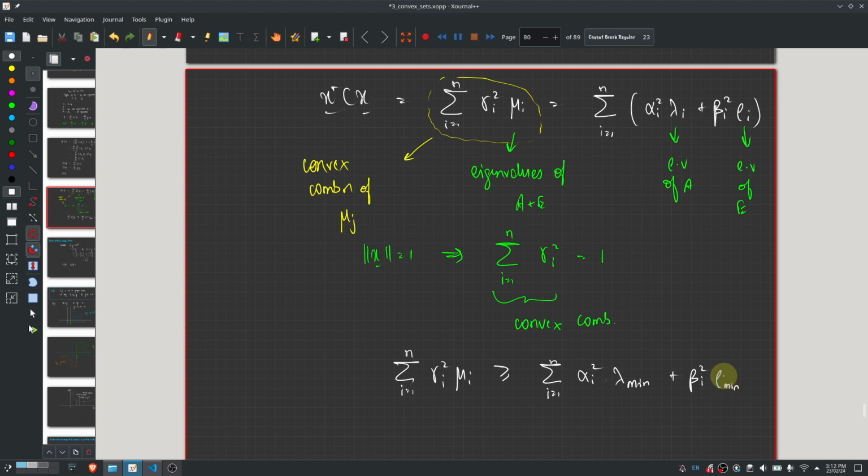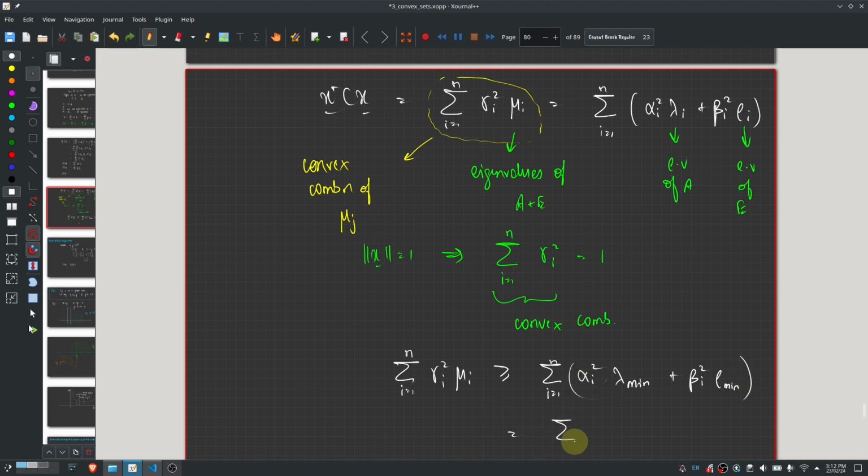Do you agree with that? Because each lambda i is greater than or equal to lambda min, and each rho i is greater than or equal to rho min. That's it. Because this is exact, right? So I just use that particular property.